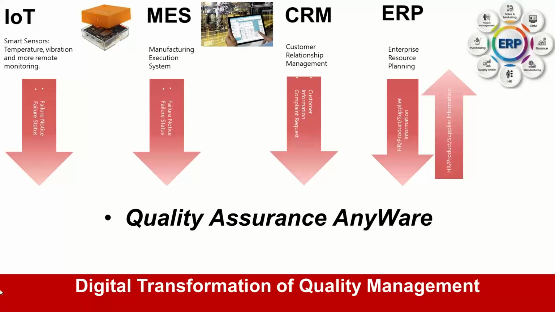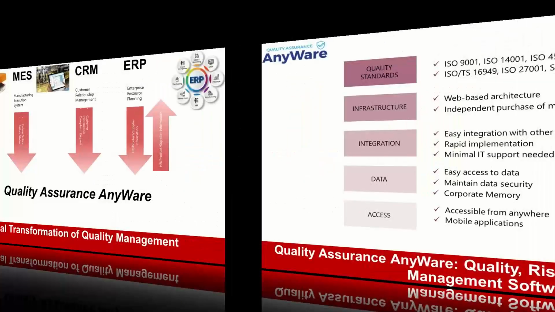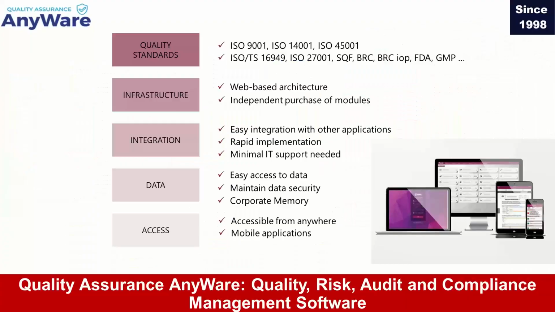When we look at Quality Assurance AnyWare, actually the system is very user-friendly, and it is ready to help you manage your quality management standards. That may be ISO 9001, that may be ISO 14001. Maybe you're in automotive industry and you're compliant with IATF. You may be in aerospace industry and you may be compliant with AS 9100.